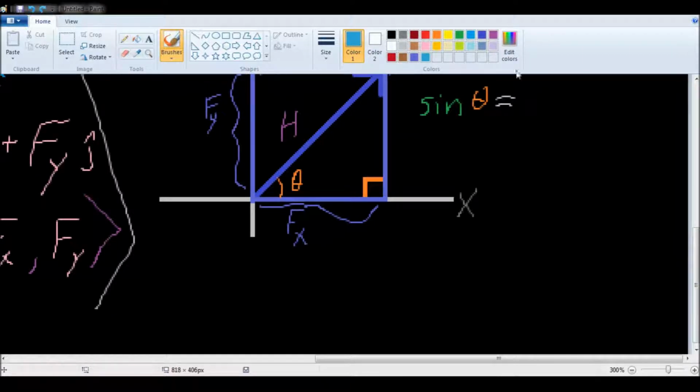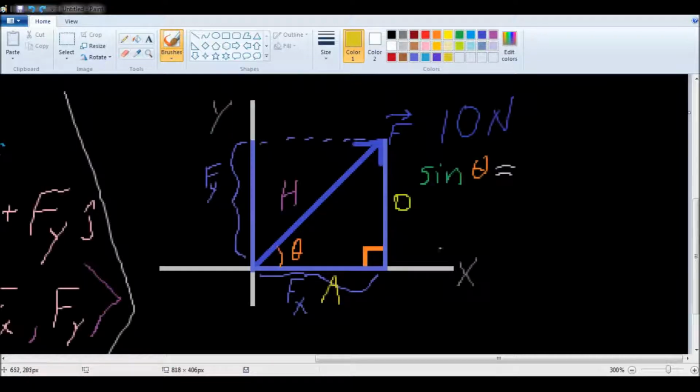I don't really like the blue there, it doesn't show up very well. Congratulations, you get to sit here and watch me pick colors. Okay, let's use yellow for the adjacent side.